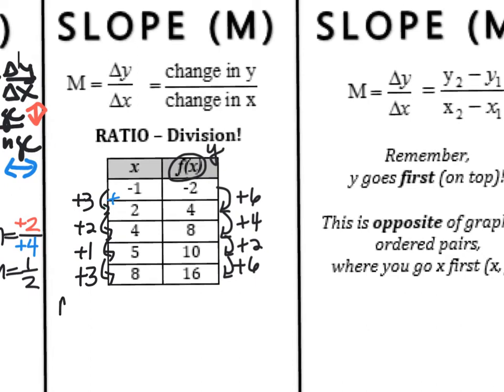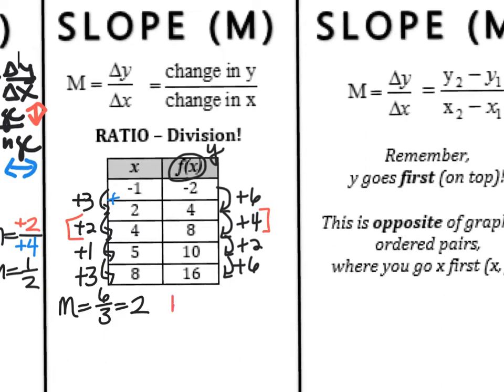Since we do not have the same on each side, we have to check to make sure that our slope is consistent. So we want to take that change in y, so I'm going to take that first number, 6, and divide it by that first number over on the x side, 3. So 6 divided by 3, and I get a slope of 2. I want to repeat that for the next number, so I'm going to go 4 over 2.